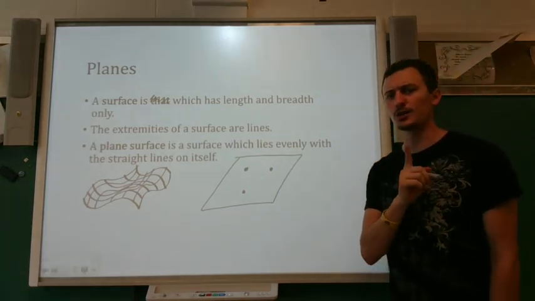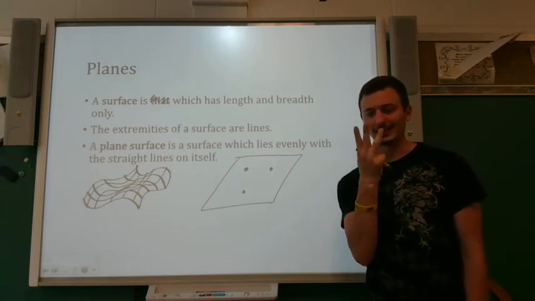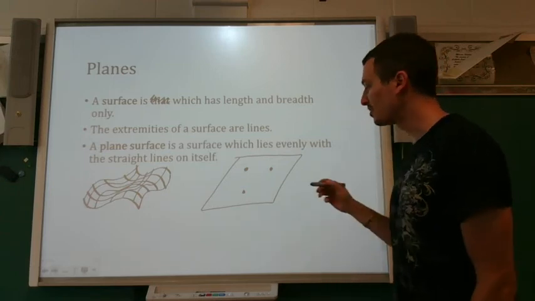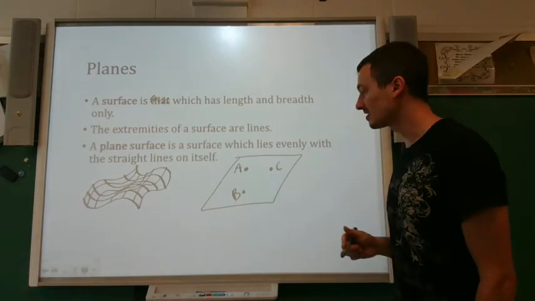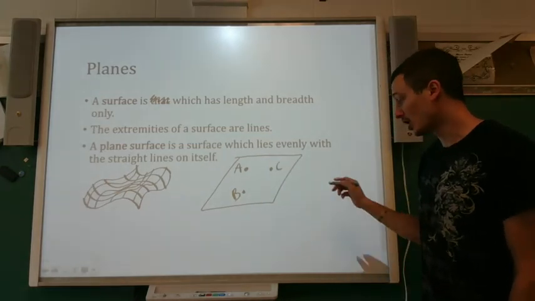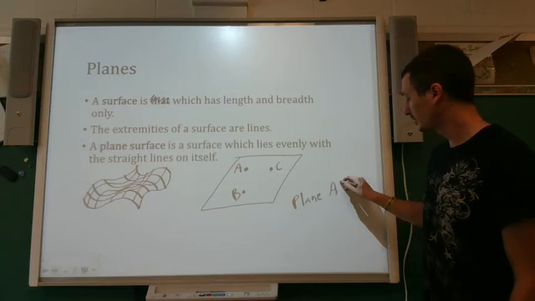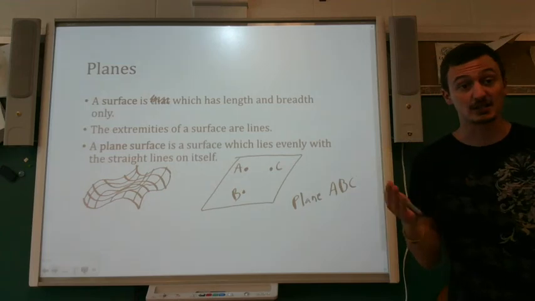Try and figure out what non-collinear means. There's 3 parts to it: non, co, and linear. What do you think non-collinear means? If I pick 3 non-collinear points, A, B, and C, I can just call that plane ABC. There you go. That's it.